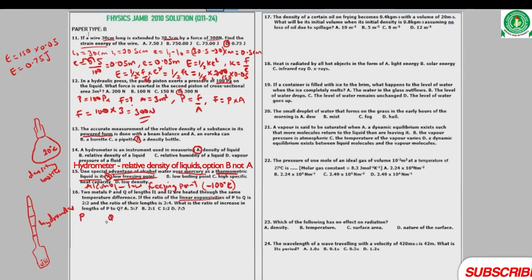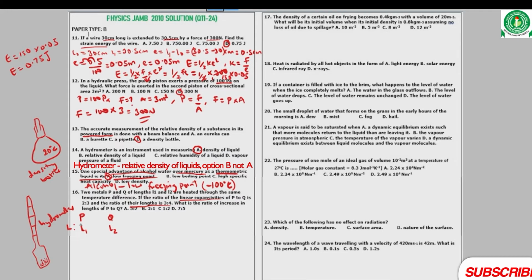So P and Q. You can write the length of P is L1 and the length of Q is L2. We are told that the ratio of the length is 3 to 4.